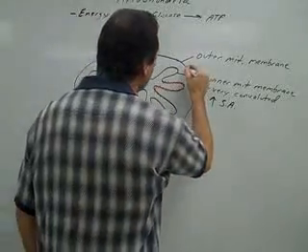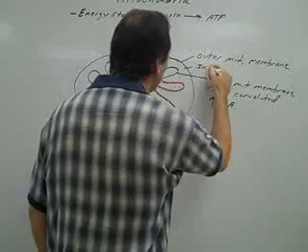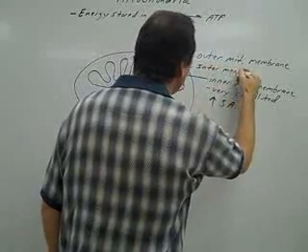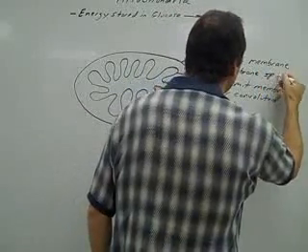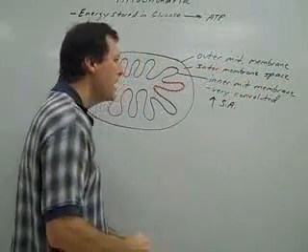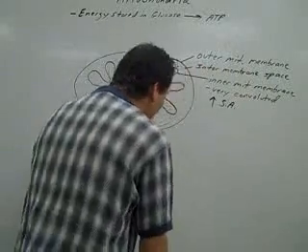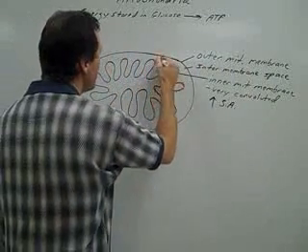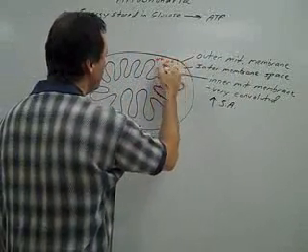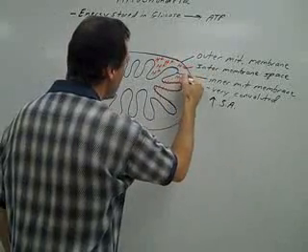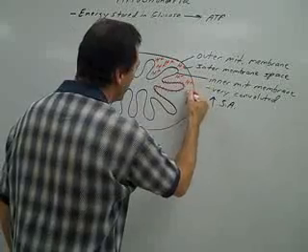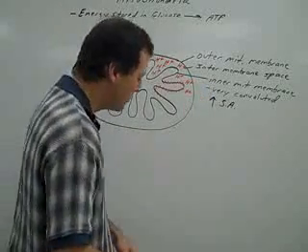Between the two membranes is an intermembrane space. And within that intermembrane space are lots and lots of hydrogen ions. So we'll draw a few of them. Now these hydrogen ions represent potential energy.